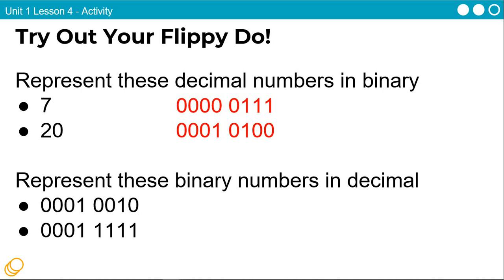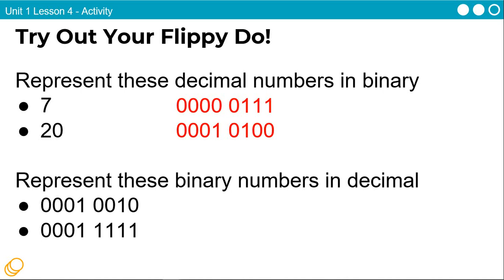We go through that same process when we're doing the conversion of the decimal 20 to binary. First place, 128, too big, can't do it, put a 0. 64, too big, put a 0. 32, too big, put a 0. 16 is smaller than 20, so we'll put a 1 for the 16 place.